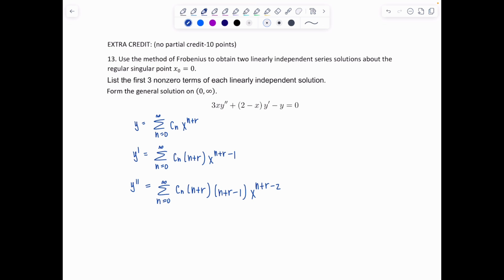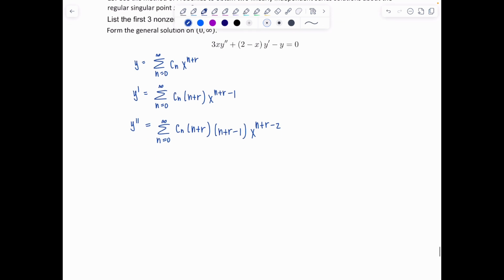Okay, here we go. Let's get locked in. 3x times y double prime, which I have right up there, plus 2 minus x times y prime.